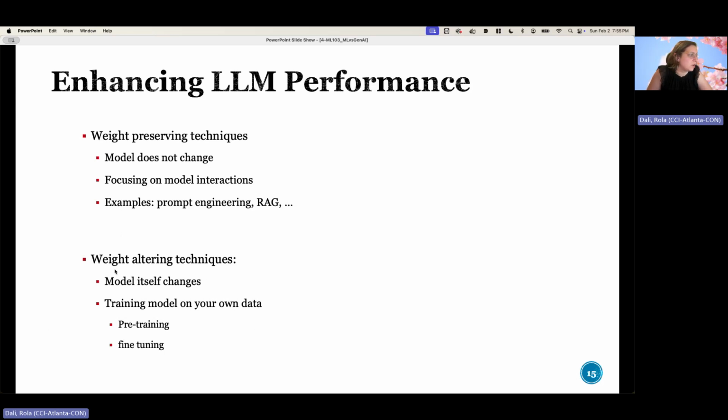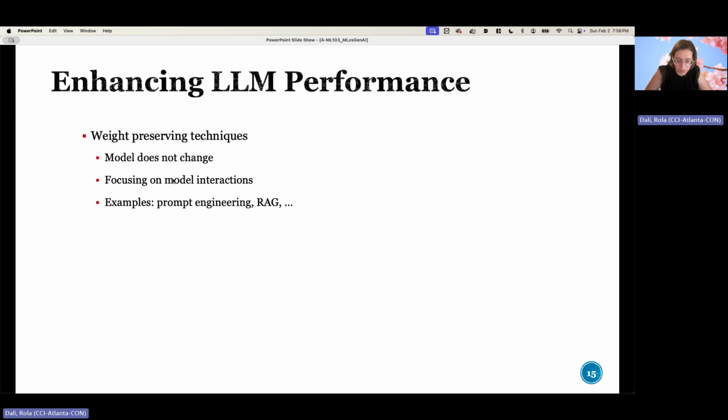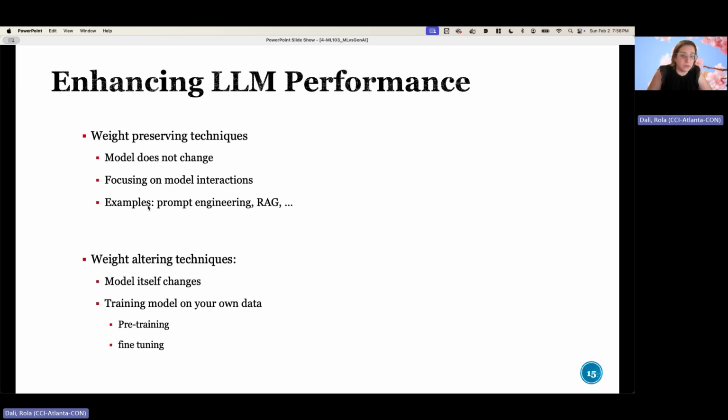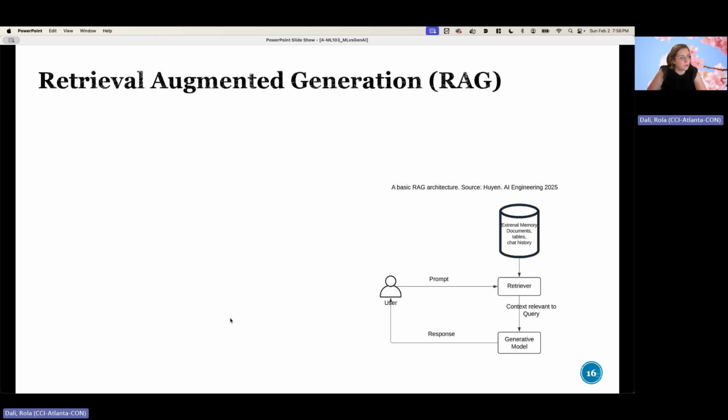So there are the weight altering techniques and the weight preserving techniques. The way you should go about it is to try the weight preserving techniques first. Do your prompt engineering, then your RAG. If that doesn't work, then you move on. Don't start too complex because it's going to get expensive very fast.